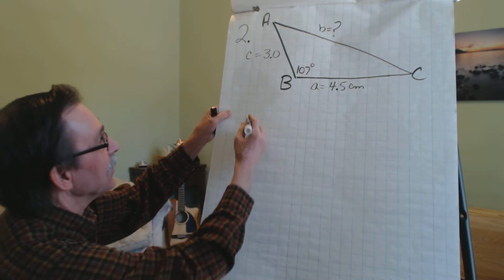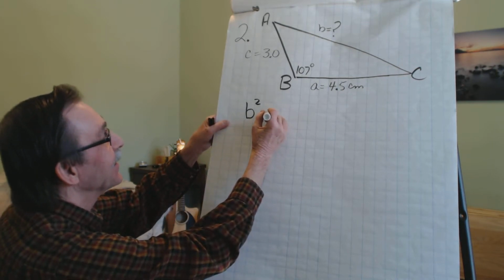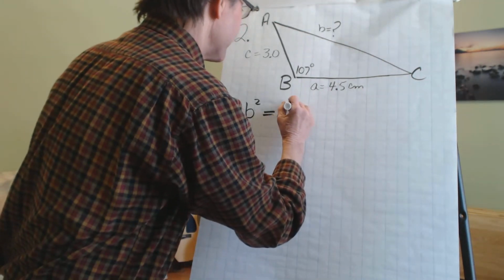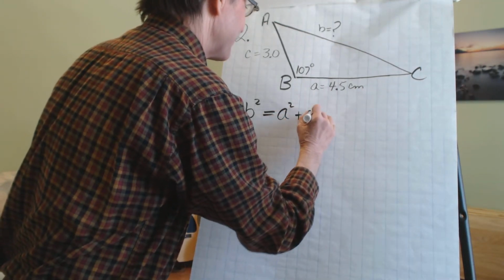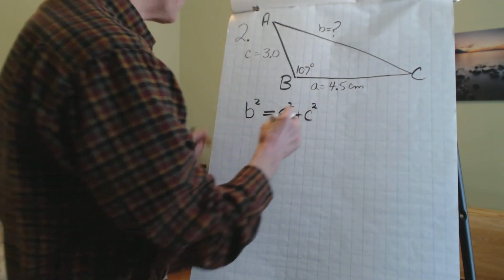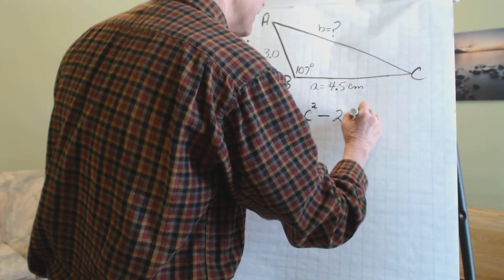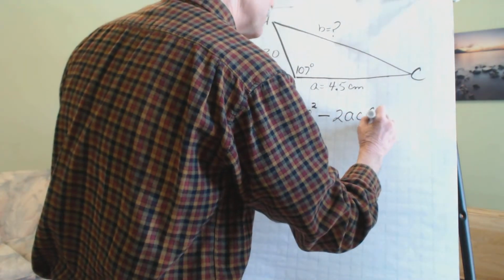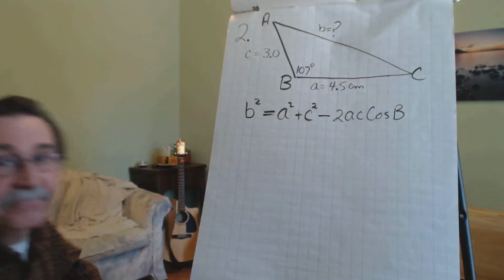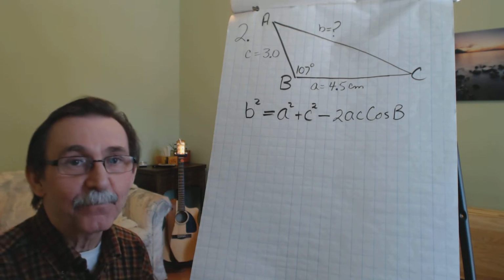So let's make our formula here. b squared is equal to a squared plus c squared minus 2ac cos B. You'll notice that with this formula, you only need one of the formulas.